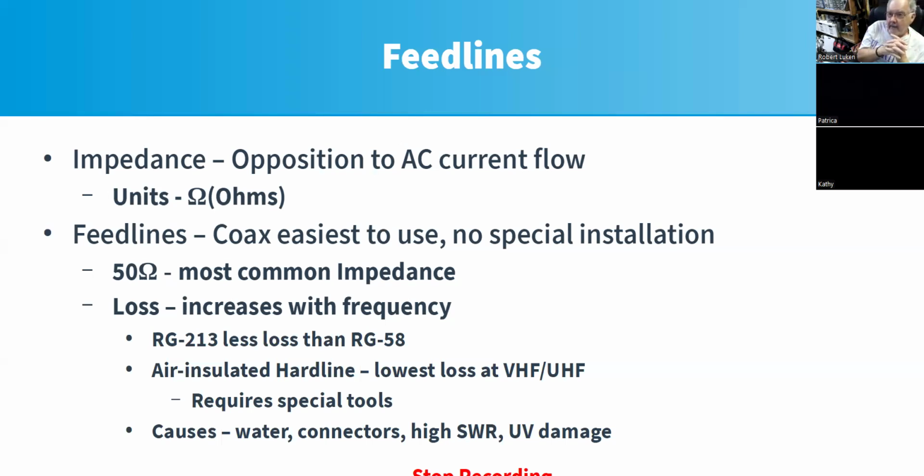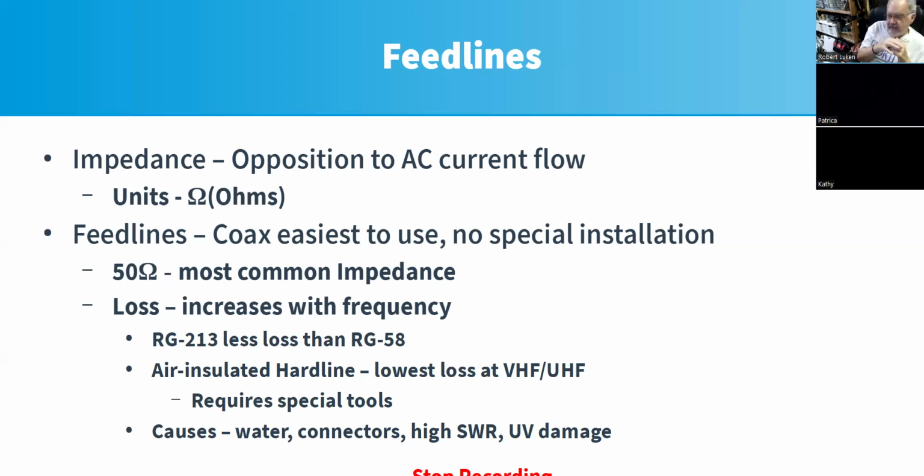We talked about impedance, which is the opposition to alternating current flow, or RF current. We also measure it in ohms. The coax has what they call a characteristic impedance.